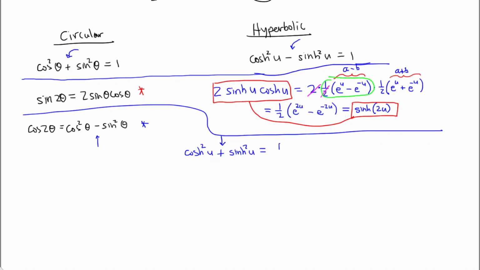Well, cosh, remember, is 1/2, and then the grouping e to the u plus e to the minus u. That whole guy gets squared. And then for sinh, 1/2 e to the u minus e to the minus u. That whole thing gets squared. All right, so let's expand those out.